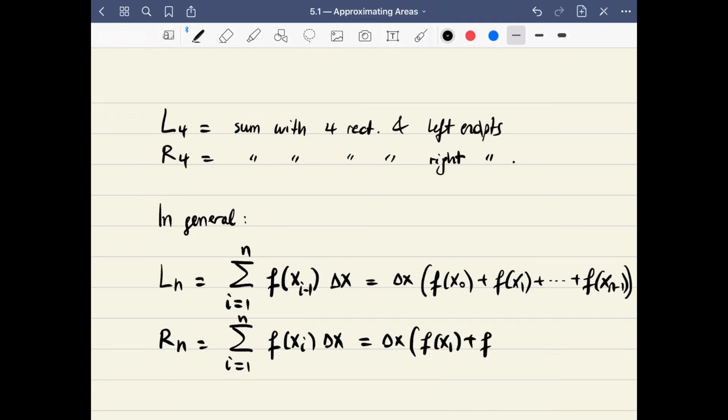The next one is f of x2 up to f of xn. So here you don't really count x0. So for the left endpoints, you don't count the very last point. For the right endpoints, you don't count the very first point. All right, so now you can use these equations to solve problems.